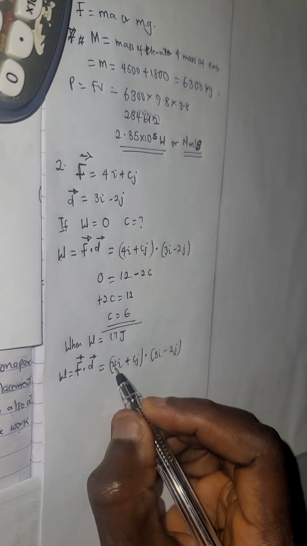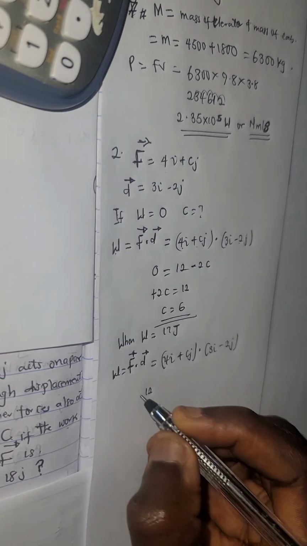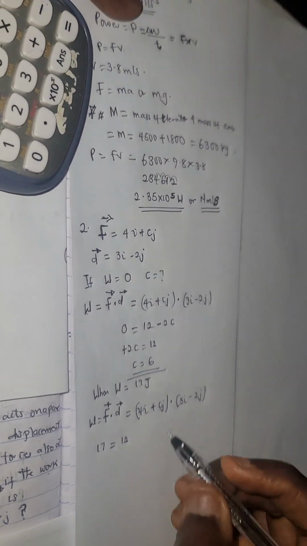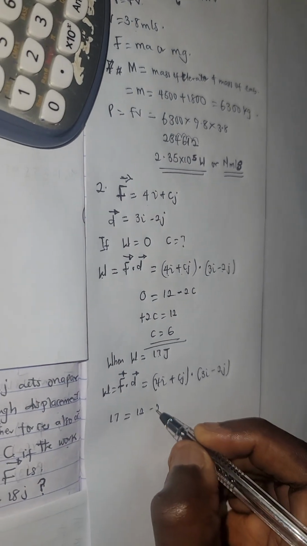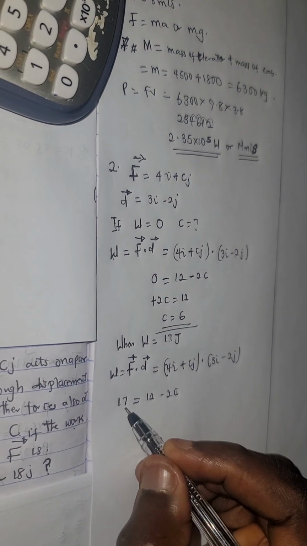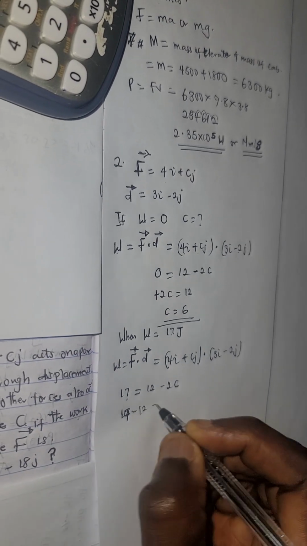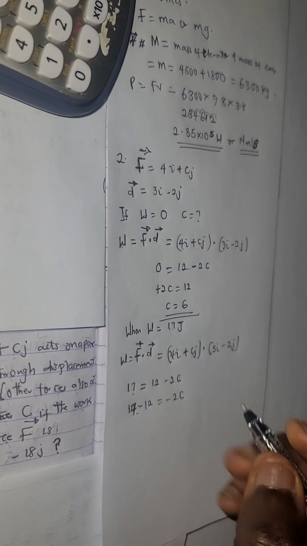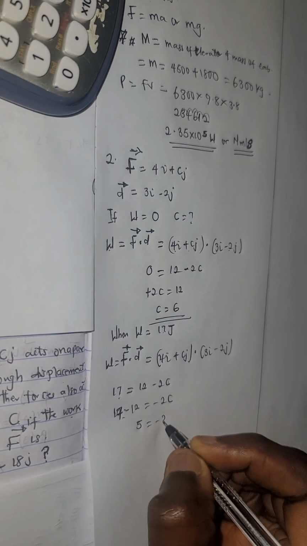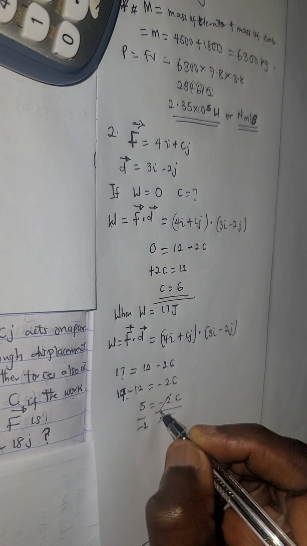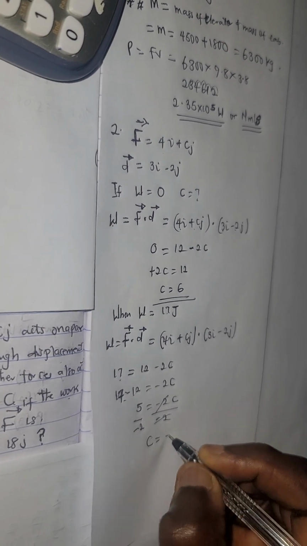So 3 times 4 will be 12 again. They said this is equal to 17. So 12 minus 2c equals 17. When this 12 moves over, we have 17 minus 12 equals minus 2c, so 5 equals minus 2c. When we divide both sides by minus 2, C is minus 2.5.